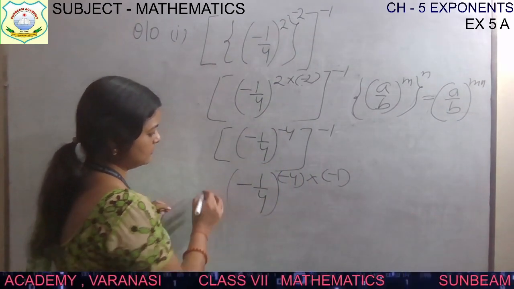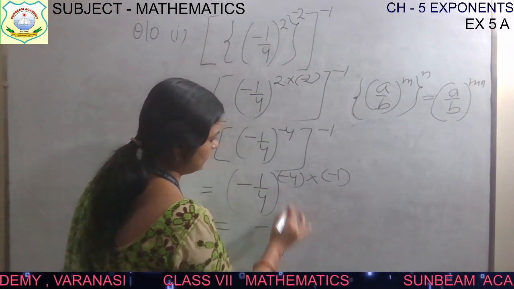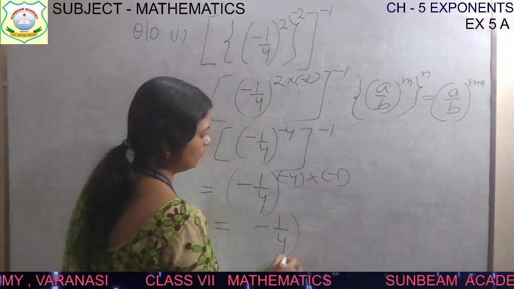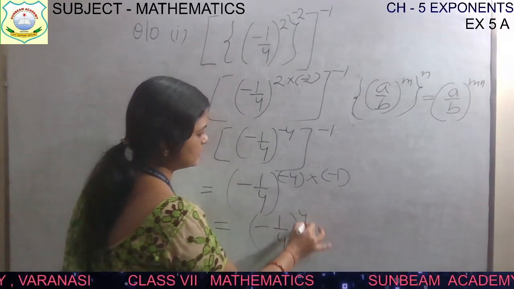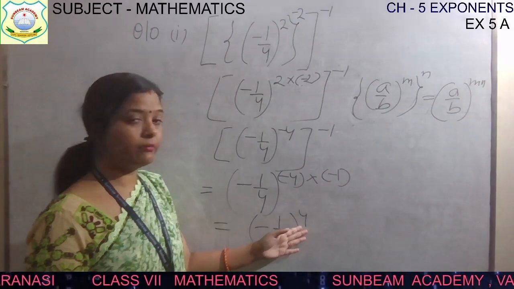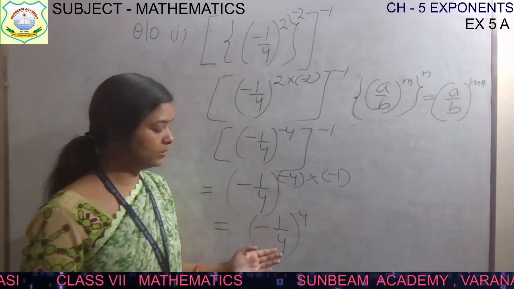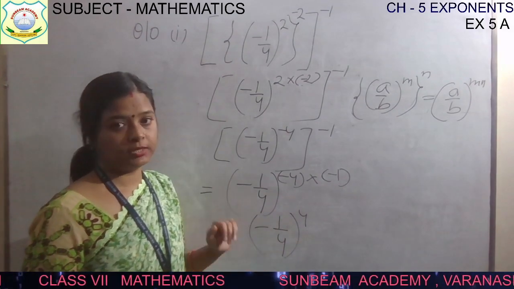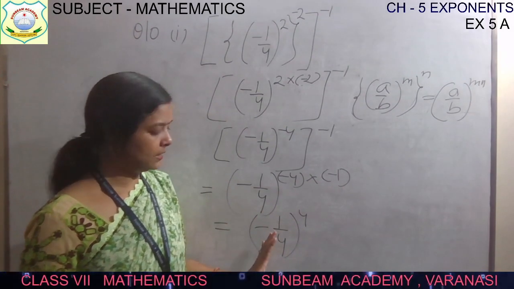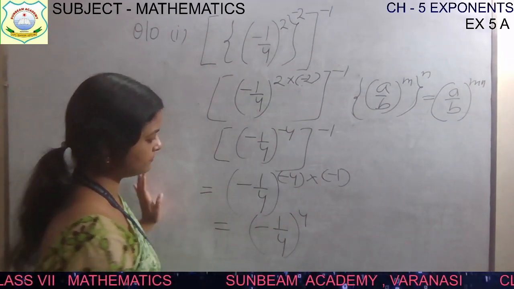Now next step is minus 1 by 4 to the power minus 4 into minus 1. 4 ones are 4, minus will become plus. Now you can see the power is positive. So we will not do the reverse order of the rational number. We will take it as it is, but we have to convert it into simplest form.